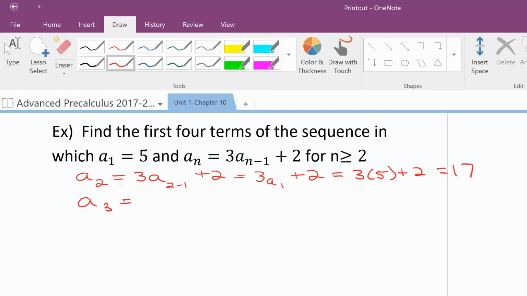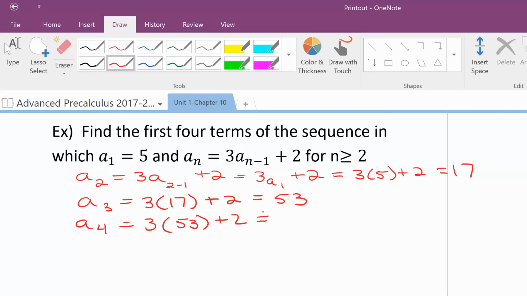So for the third term, we're going to go 3 times the second term. So the second term was 17, so 3 times 17 is 51, plus 2 is 53. And for the fourth term, we're going to go 3 times the third term plus 2. So 53 times 3 is 159, plus 2 is 161.